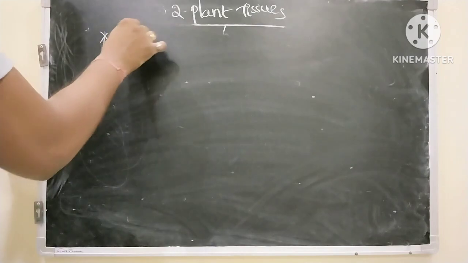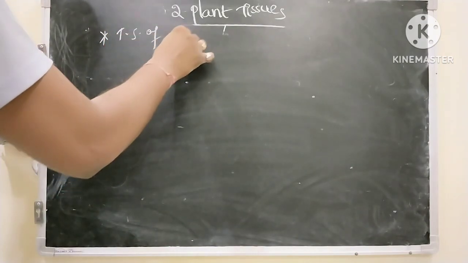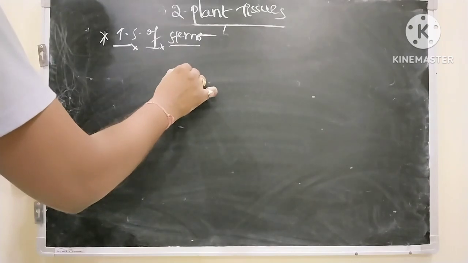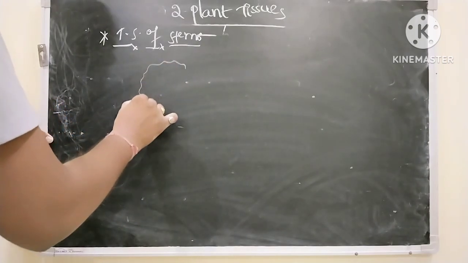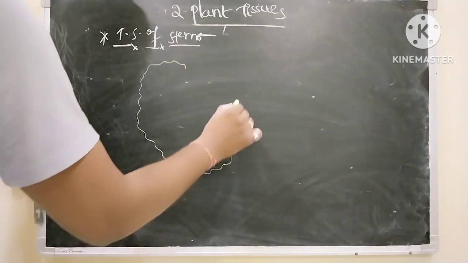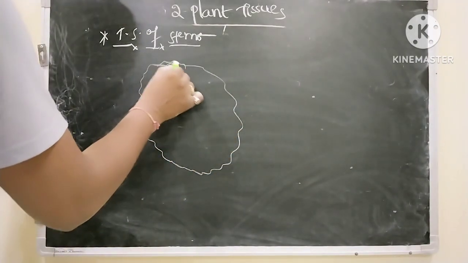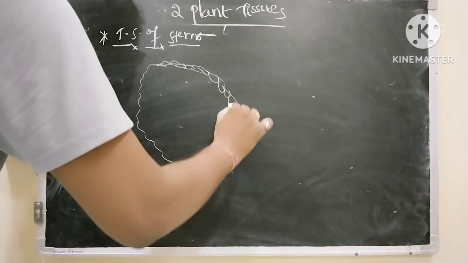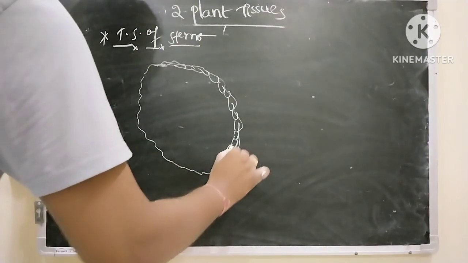Generally, if we observe a TS of stem of Tridax under a microscope, we can see different types of cells. The outermost layer is called dermal tissue.